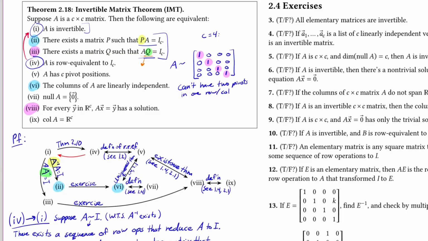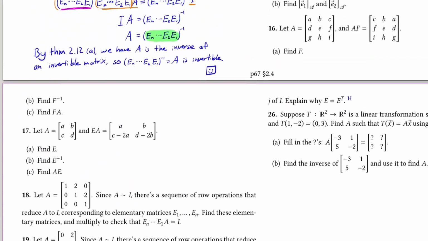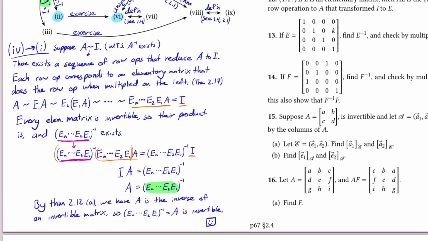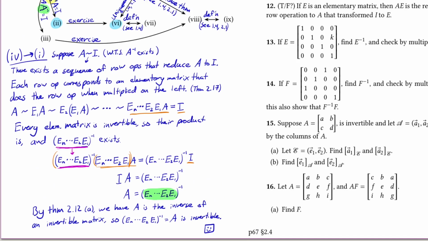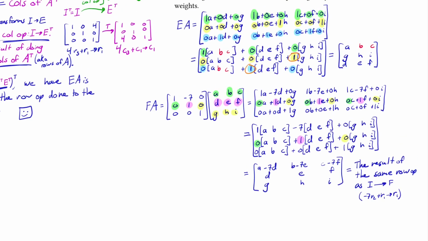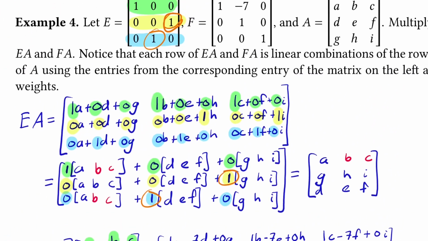You've got some homework problems where you've got to practice using this. You've got some other assignments where you're working with elementary matrices to get some practice with that. I think elementary matrices, by the way, are interesting not just because we use them for this proof, but I feel like elementary matrices help you understand what's going on in this rich, complicated process of multiplying matrices together.